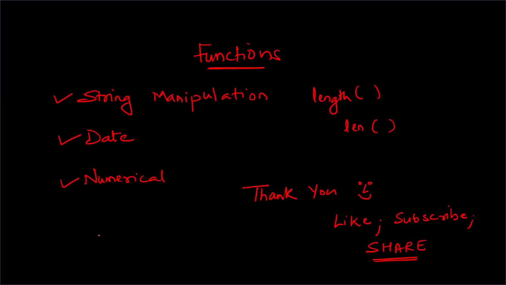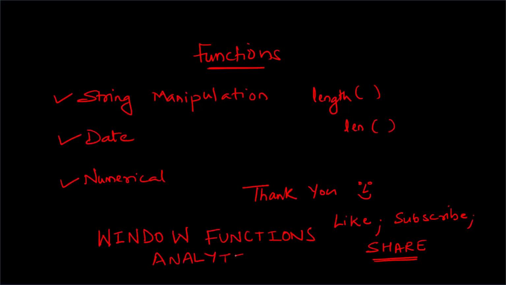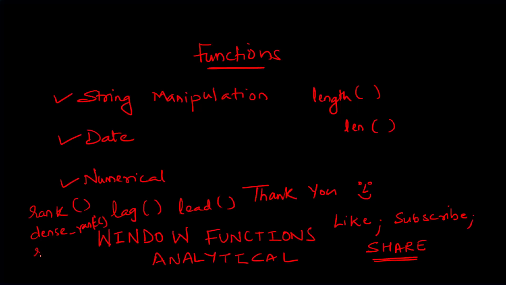In upcoming session, we will discuss window functions. Window functions are very important functions one should know. These are analytical functions. Analytical functions like lag, lead, rank, dense rank, row number.